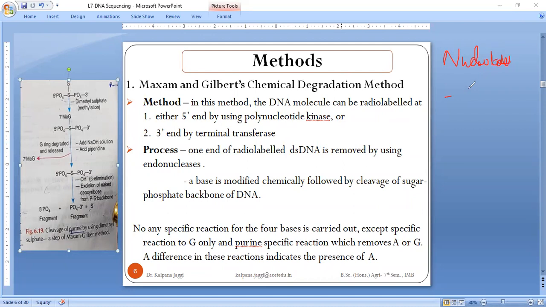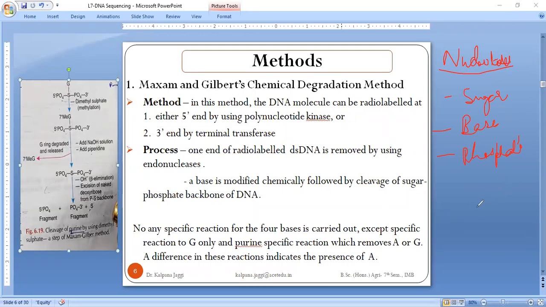The very first is sugar, then the base, and the third part is phosphate. These three are the parts of a nucleotide. So these together make the DNA, right? This I have already elaborated in my very first lecture while we were discussing the genomic content.